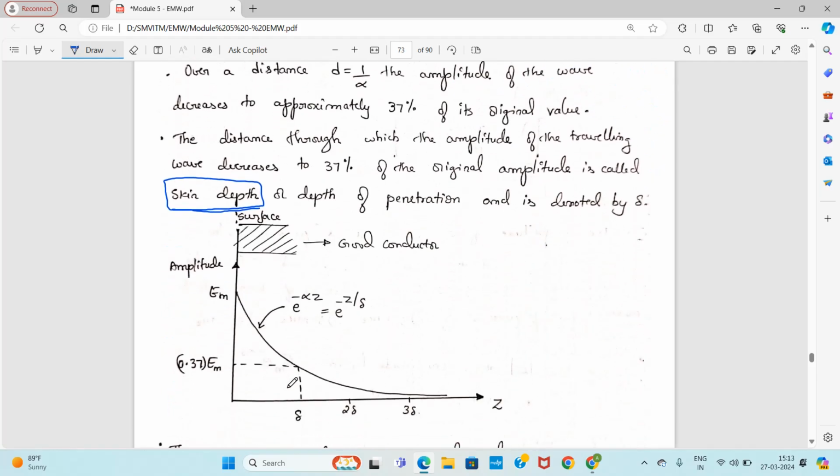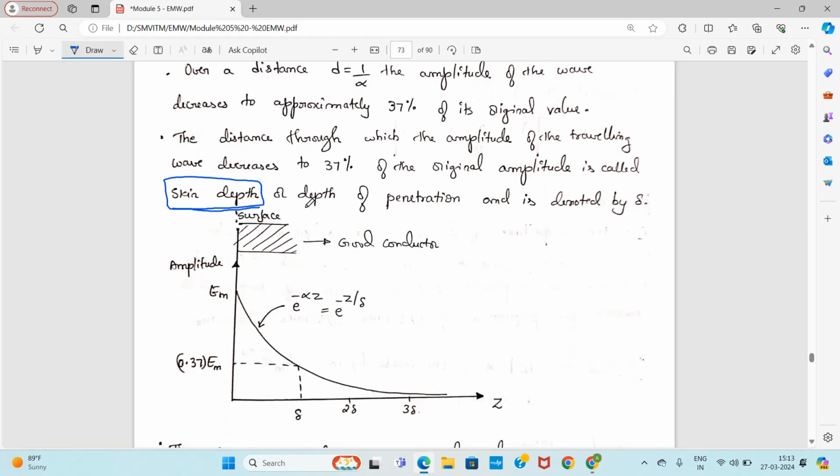Skin depth or depth of penetration is nothing but the distance traveled by the wave at which the amplitude of that wave is reduced to 37% of its maximum value.